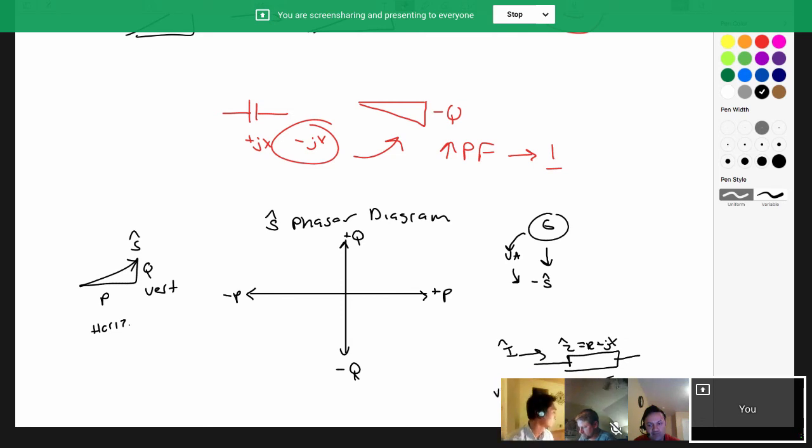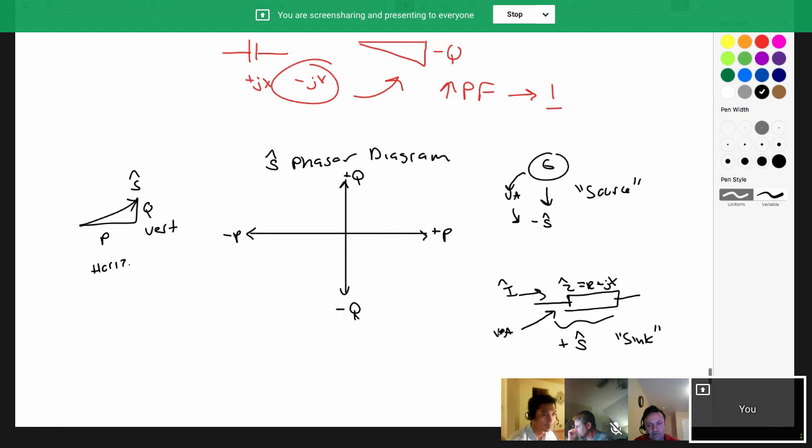It's consuming volt amps. Does that make sense? Sometimes they'll call this a sink, and sometimes a source. You've heard this a bunch. So if it's negative, it's leaving the subject that you're looking at, and if it's positive, it's being taken by that element. Does that make sense?